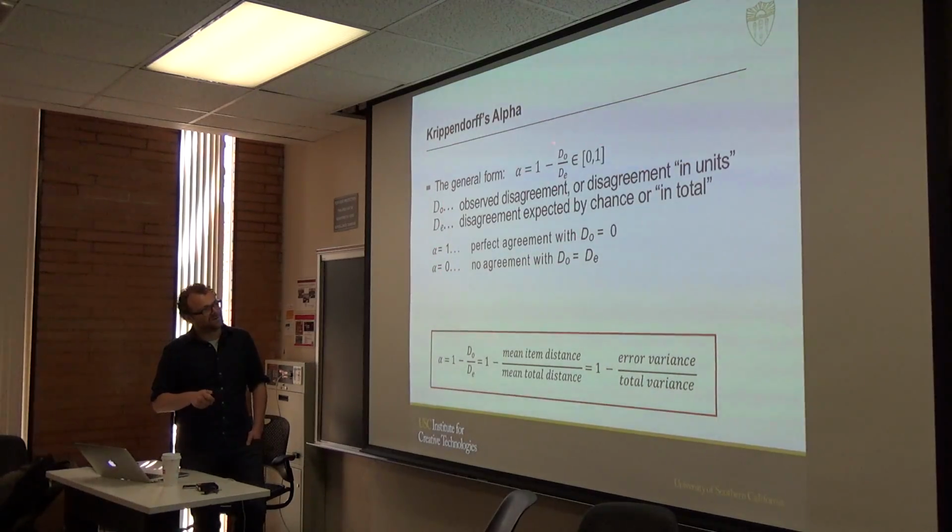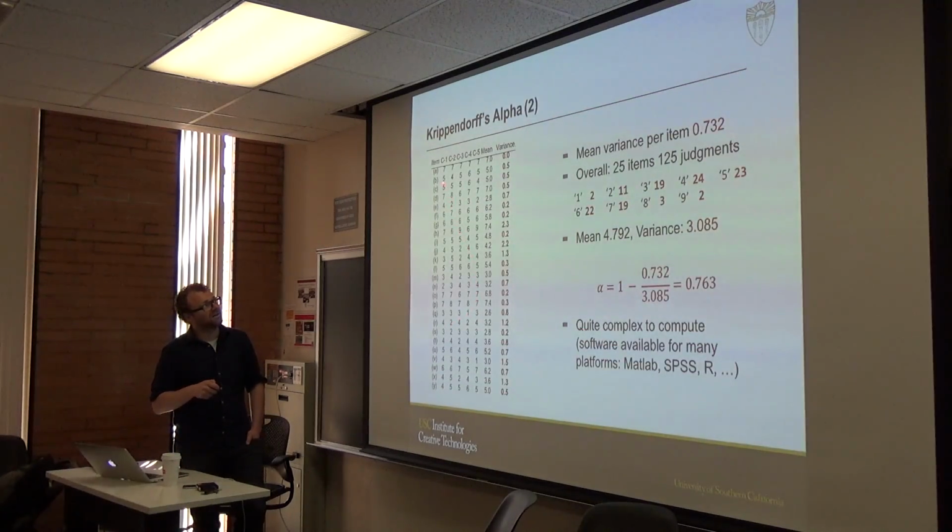It's a very useful measure. In this case, we have 5 annotators and different numbers of items. We need to compute the mean values and the variances for each of those. The mean variance per item is 0.73, over all items and judges.